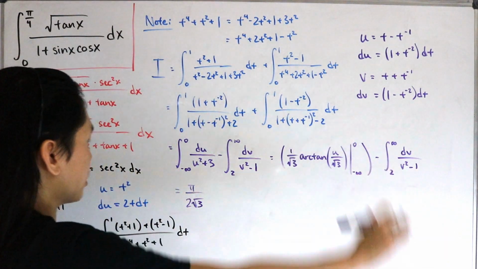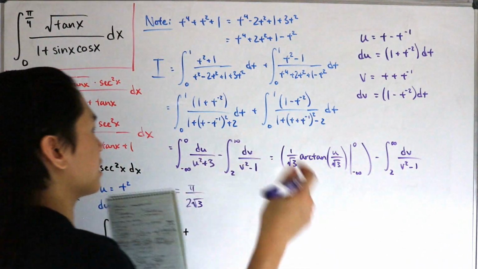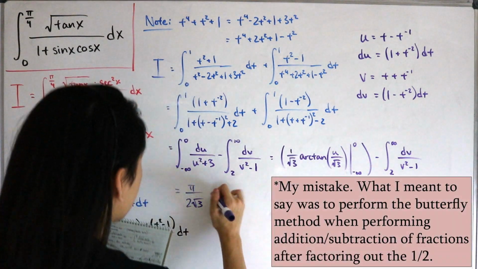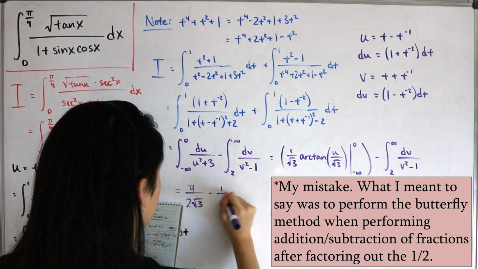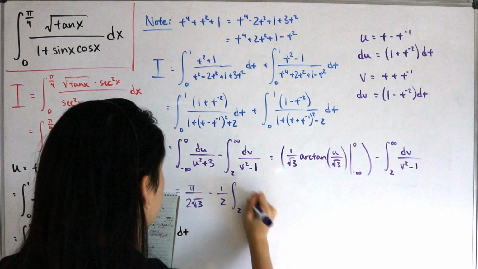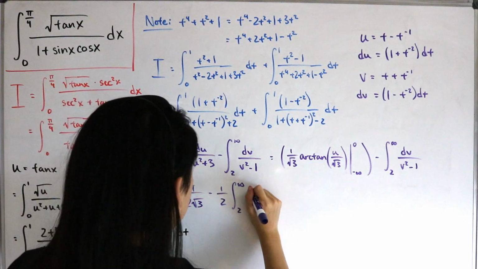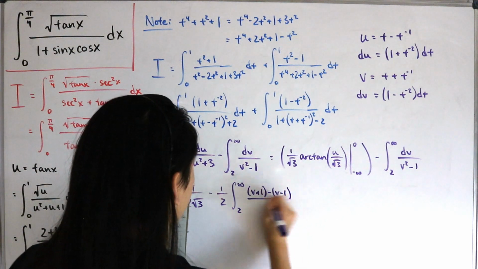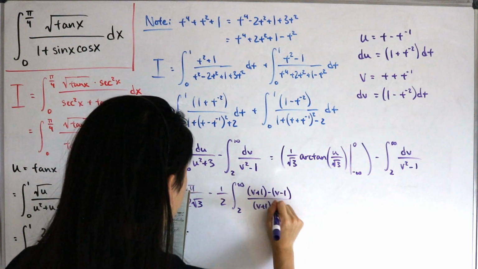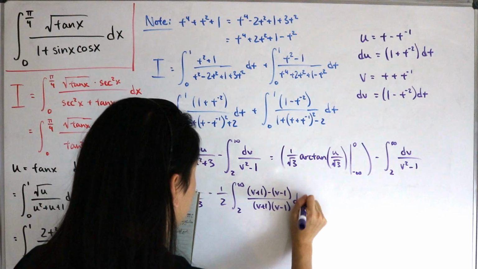Another thing we're going to do is add a 0 term. And what that'll give us is a minus 1/2 multiplied with the integral from 2 to infinity of v plus 1 minus v minus 1, divided by v plus 1 multiplied by v minus 1, dv.